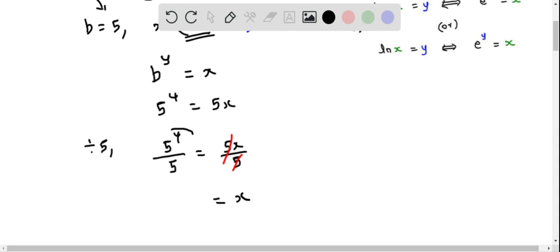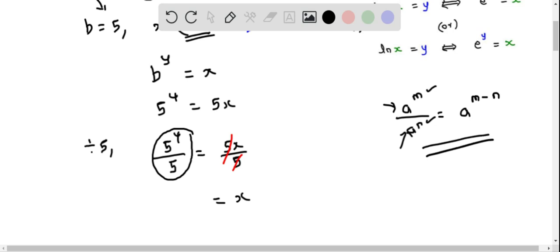And here we can use the exponential rule. That is, if we have a raised to the power of m divided by a raised to the power of n, we see that the bases are the same. That is, we have the base a in the numerator as well as in the denominator. Only the powers are different. That means this equals a raised to the power of m minus n. This is the rule, and when we use this rule, we just have to subtract the powers.